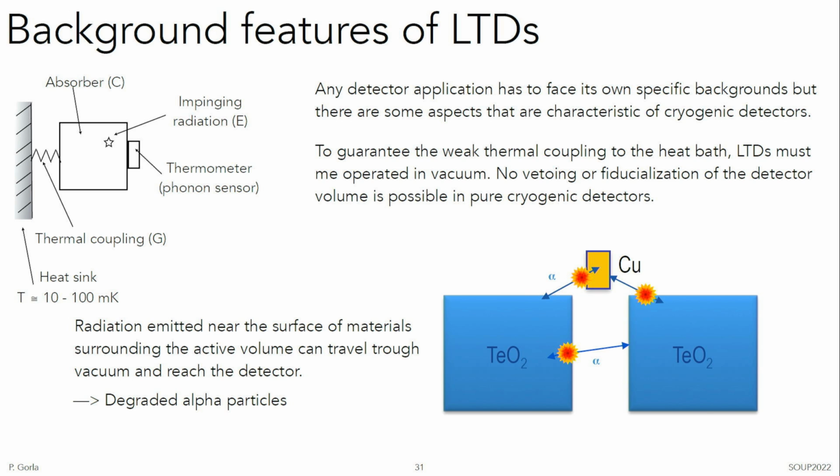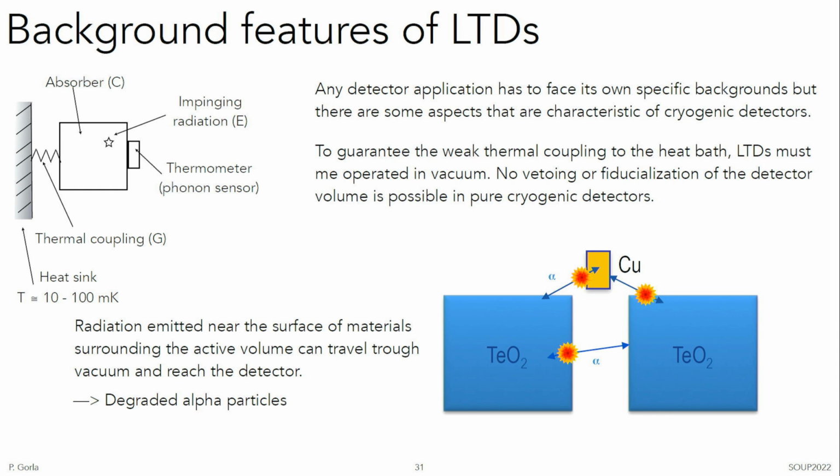So if you have an alpha particle that is emitted, this is an example with a tellurium oxide crystal, emitted near the surface, it escapes and hits the other nearby tellurium oxide crystal. If you do a coincidence analysis of these two events, you can reconstruct the full energy of the original event and eventually understand that it was a 5.4 MeV polonium-210 alpha peak.